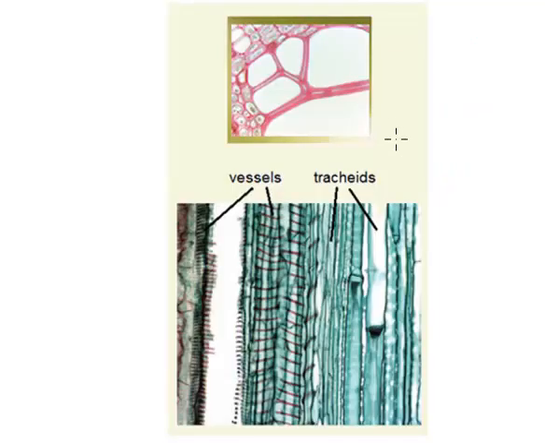Now these are not diagrams, these are in fact micrographs. And here we can see a cross section or a transverse section through some tracheids, and we can see that their cell walls are very, very thick.